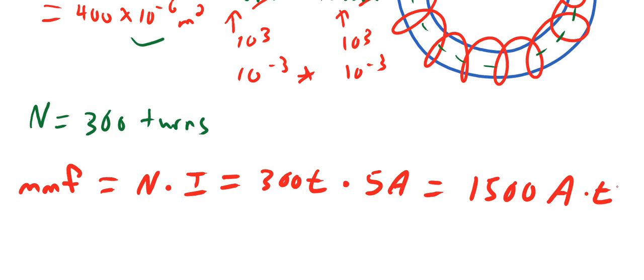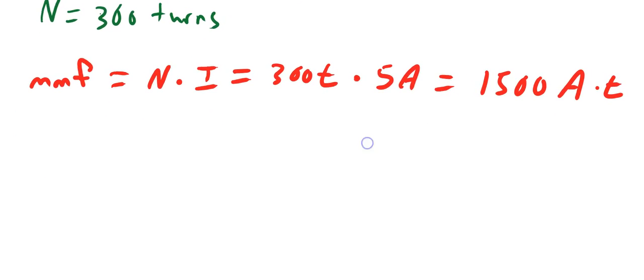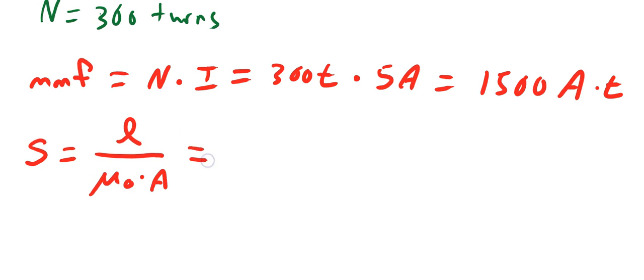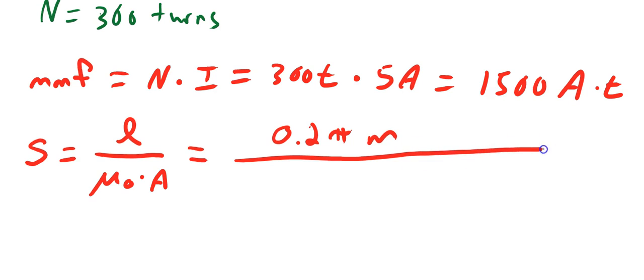We also want to calculate the reluctance of the circuit. Now, the reluctance can be given by the length of the circuit divided by mu naught times the area, where, remember, the length we have calculated as 0.2 times pi meters. Mu naught is the permeability of free space, and it is 4 pi times 10 to the negative 7 henries per meter.